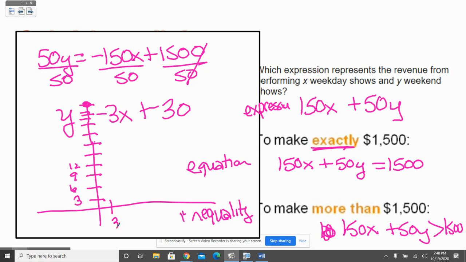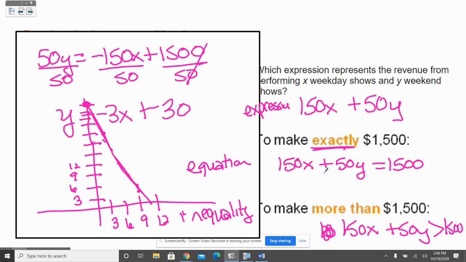If I go by threes here too, if I go down 3 over 1, that's the same as going down 9 over 3. Okay, so it kind of looks like this, and mine might be kind of bad here. I don't know if I did that right or not.